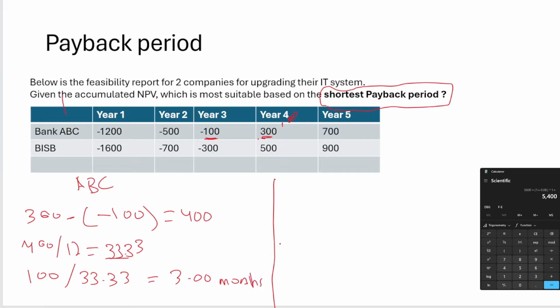Now let's do the exact same steps for BISP. So we'll take 500 and 300. We'll do 500 minus 300.